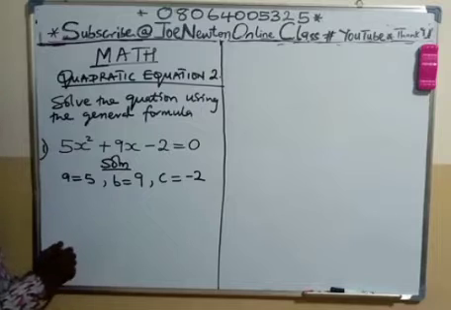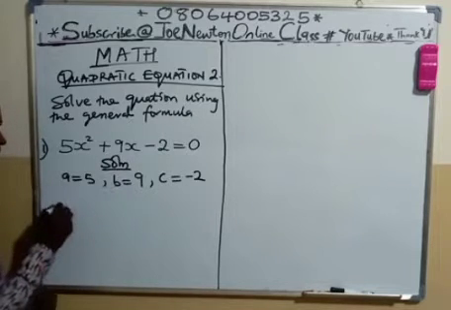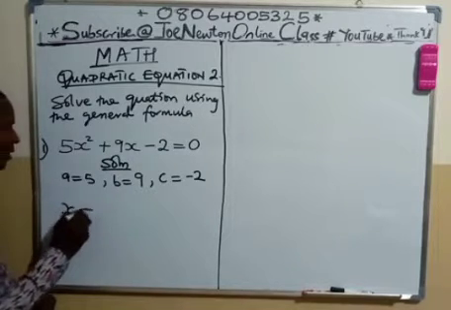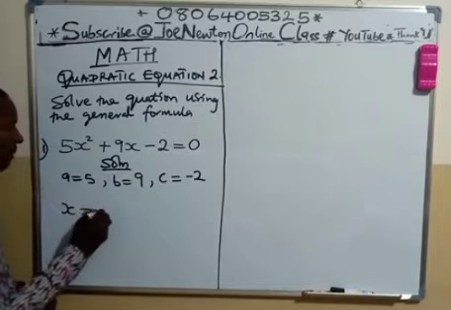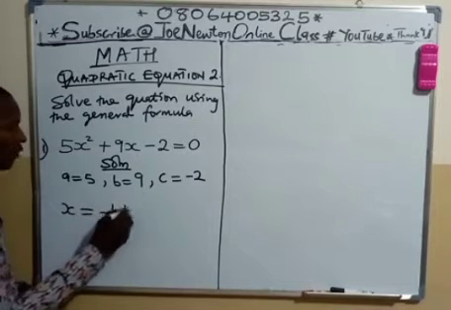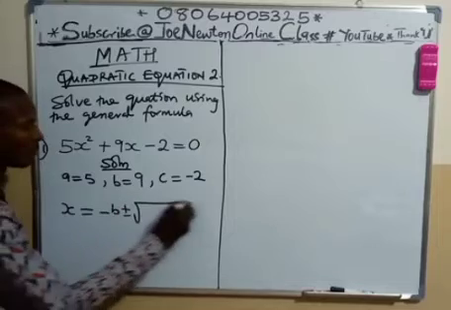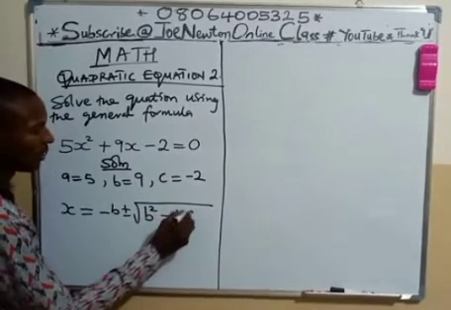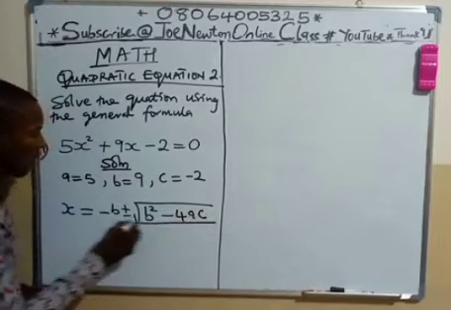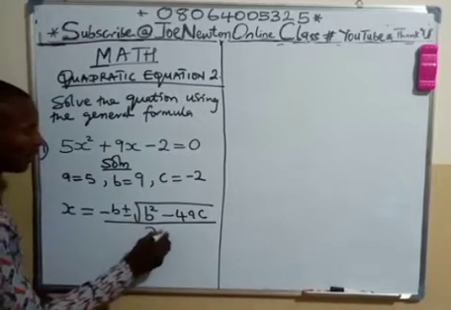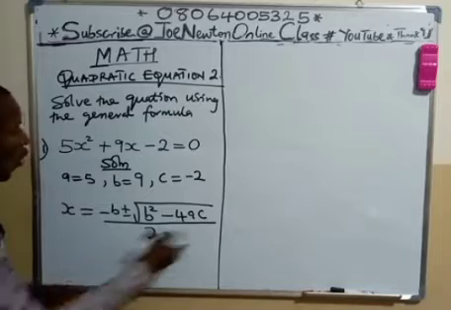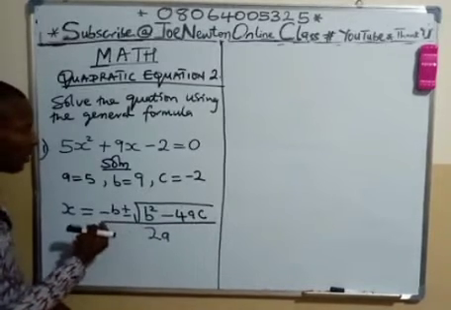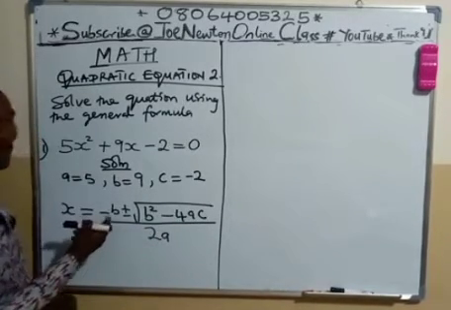Now, without wasting time, let us take the formula. The quadratic equation formula, the general formula, says that x is equal to minus b plus or minus square root of b squared minus 4ac, all over 2a. Remember, it is all of this expression over 2a, which means this is part of the numerator.